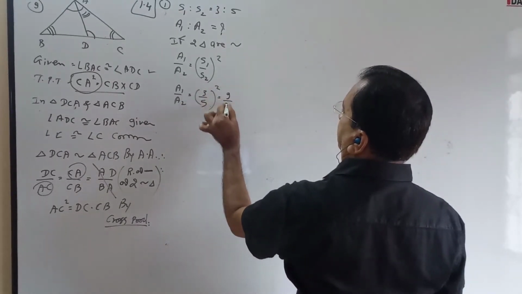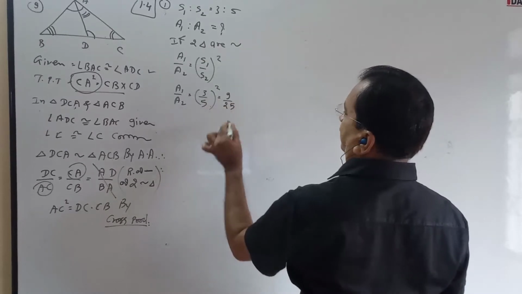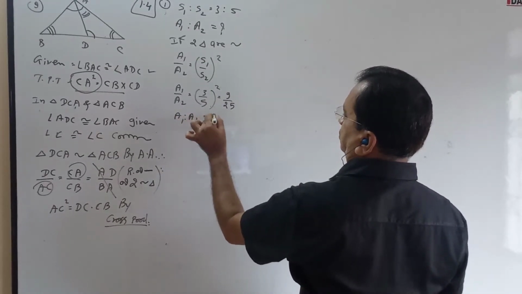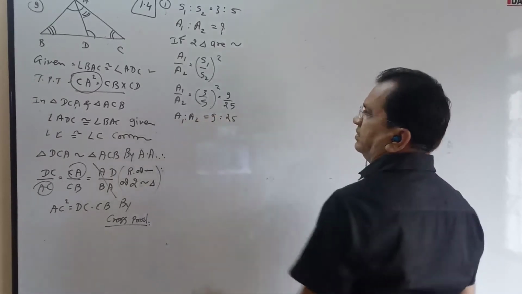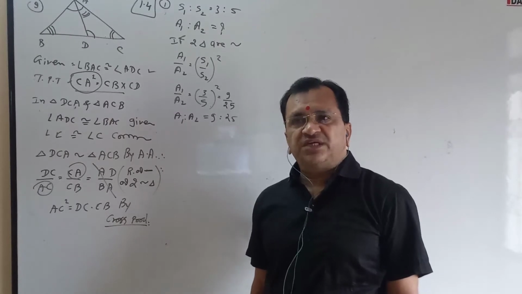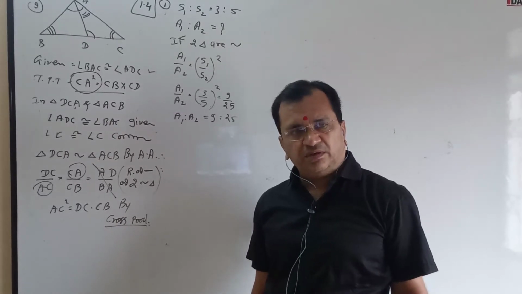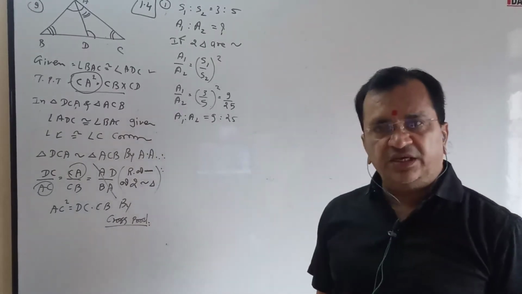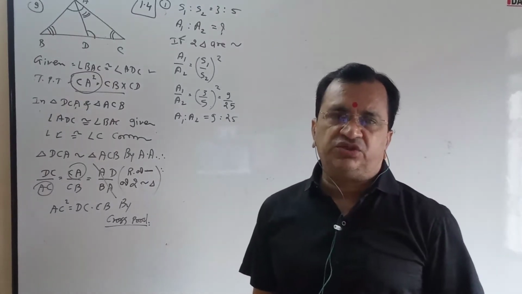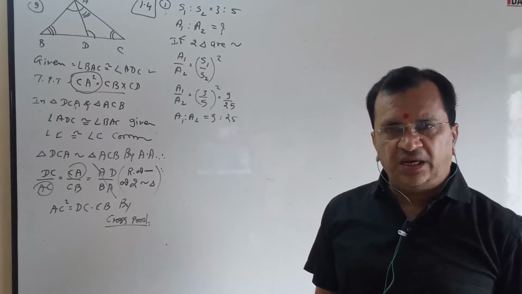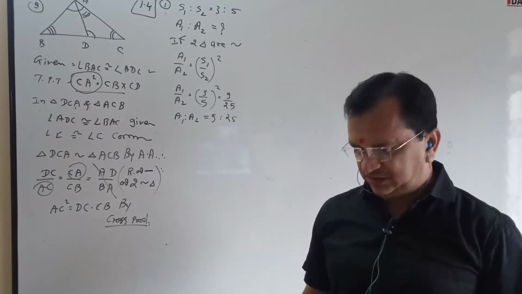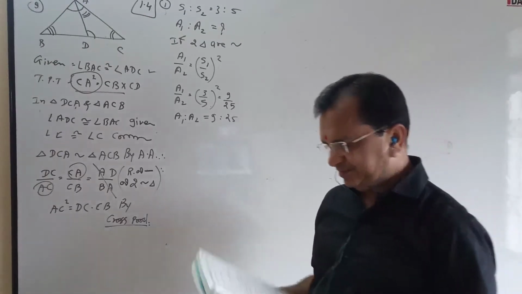Three threes are 9, five fives are 25. So area 1 is to area 2 is equal to 9:25. Sides are given, you have to find the ratio of areas. If the ratio of areas is given, you have to find the ratio of sides. This type of question they will ask, which I explained during theory.